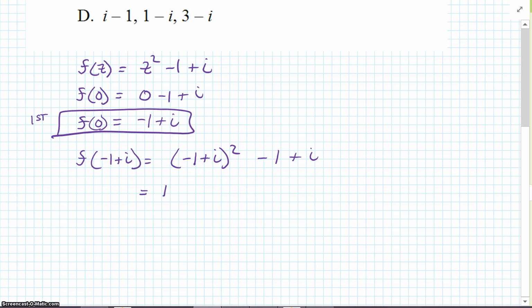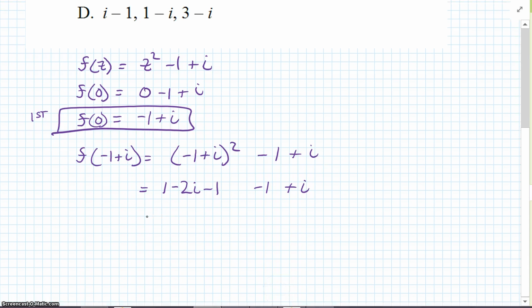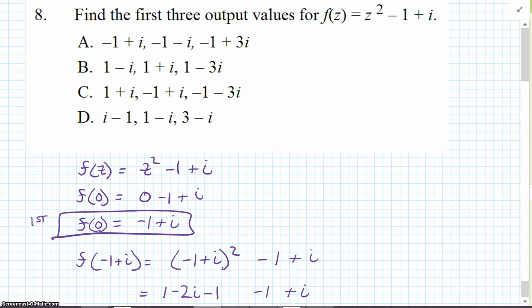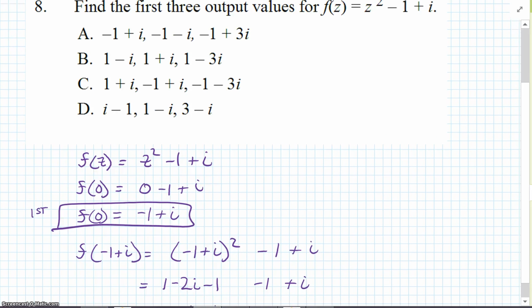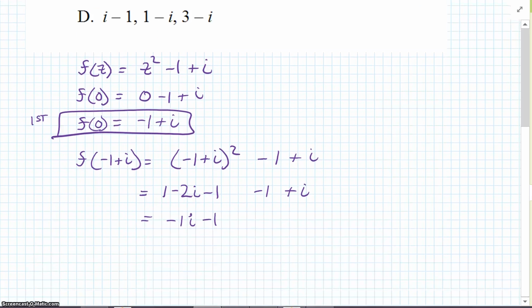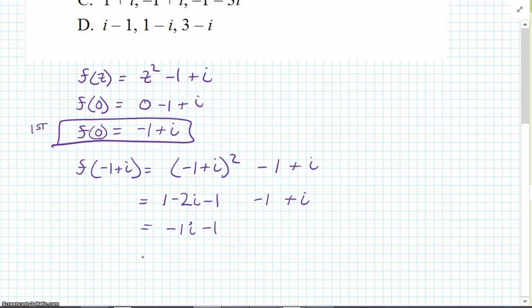So that's going to be 1 minus 2i minus 1, minus 1 plus i. So I'm going to get negative 1i minus 1, which I can rewrite as negative 1 minus i. Okay, so that's the second output.